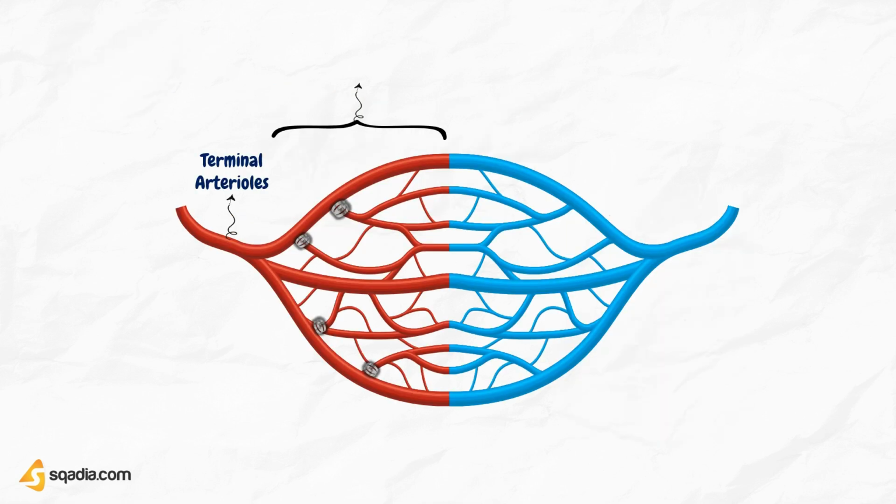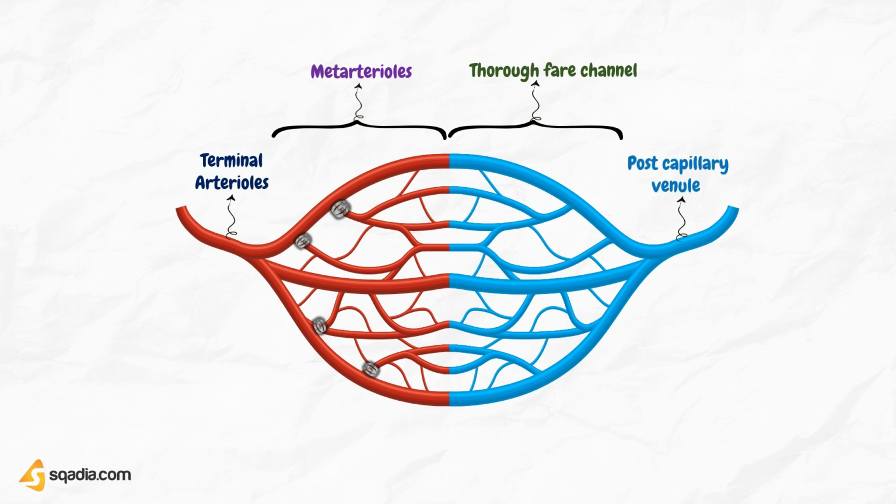Now look at this image again. Here we have the terminal arteriole, then capillary, and then venule. This red part from the terminal arteriole to almost the mid of the capillary bed is actually the metarteriole. And then this blue part that exists between the metarteriole and the venule is called the thoroughfare channel.